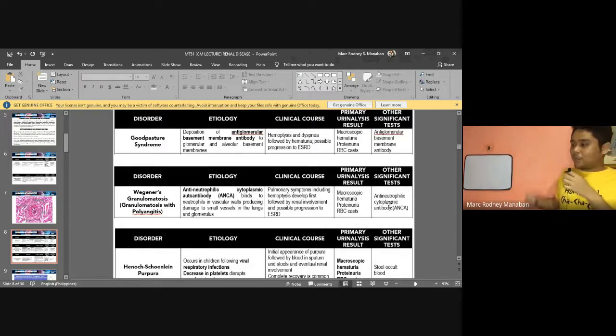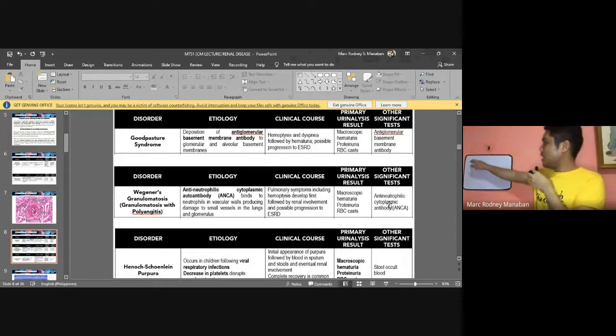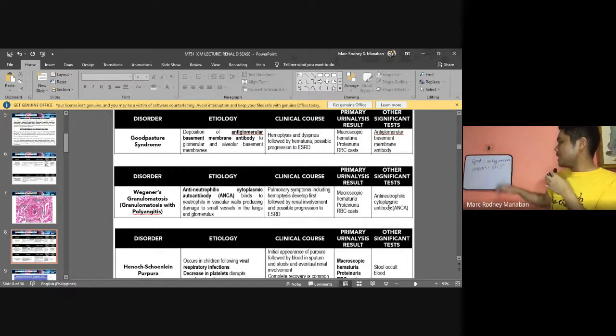For Goodpasture, letter G, so its autoantibody is G, glomerular. Anti-glomerular basement membrane. But for Wegener's, its autoantibody is ANCA, anti-neutrophilic cytoplasmic antibody.